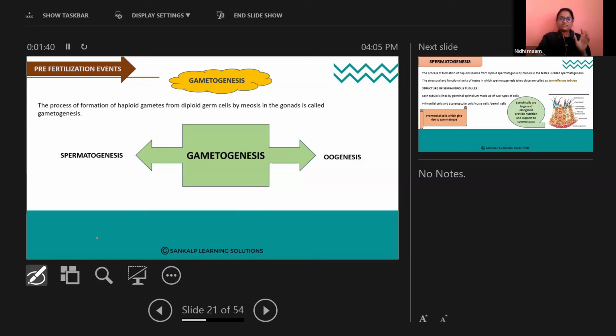So let us first focus on spermatogenesis. As the name indicates, spermatogenesis deals with the formation of sperms. In spermatogenesis, what are we going to learn?